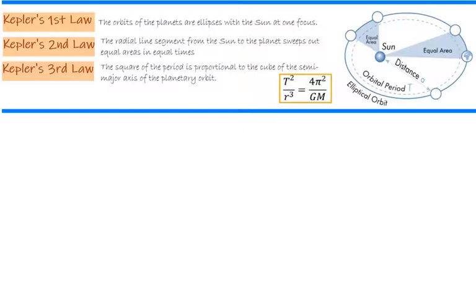In other words, this is how he derived it. He said that the force of gravity is equal to the centripetal force. The force of gravity is equal to G M m over r squared, and the centripetal force is equal to m v squared over r.